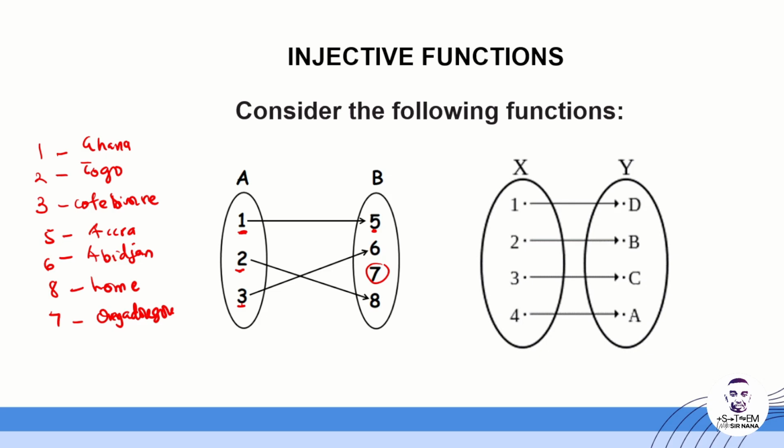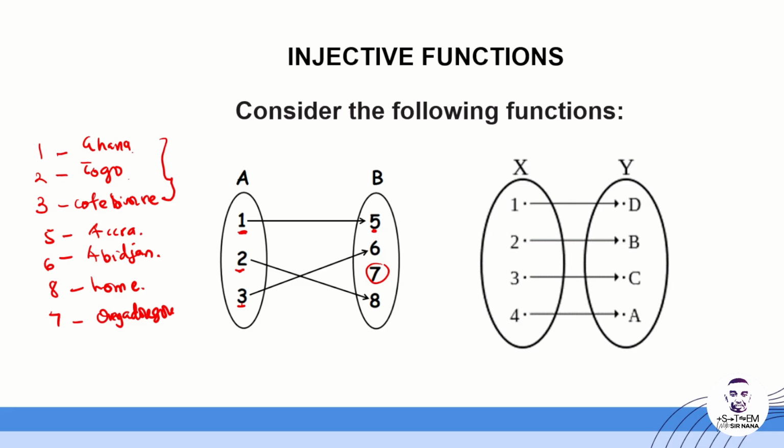For instance, you could create a game of countries and their capitals. In this case we have 3 countries, Ghana, Togo, and Cote d'Ivoire, and their capitals, Accra, Abidjan, and Lome, where we map Ghana with Accra, Togo with Lome, and Cote d'Ivoire with Abidjan.